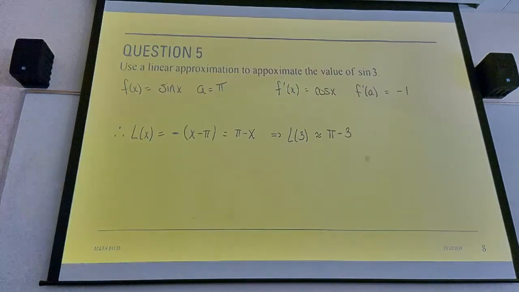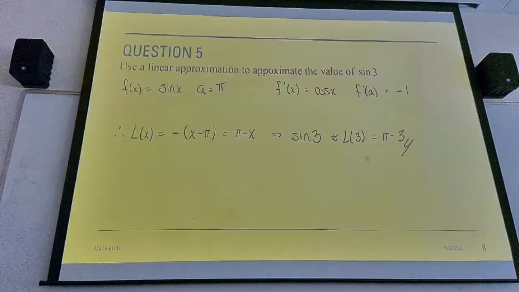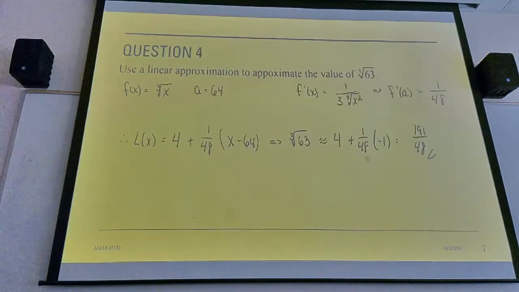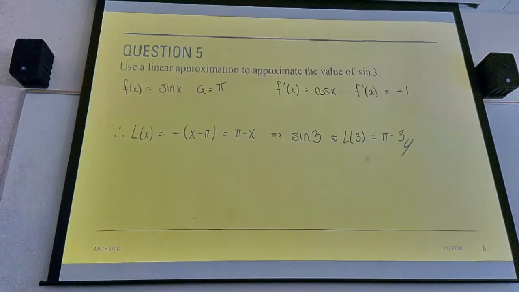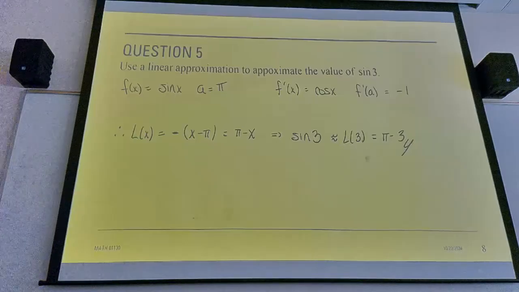That means sine of 3 is approximately pi minus 3. Or 0.14. 0.14159.